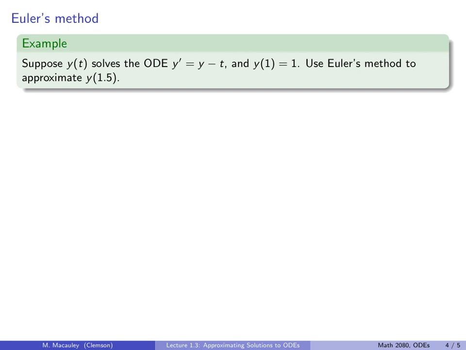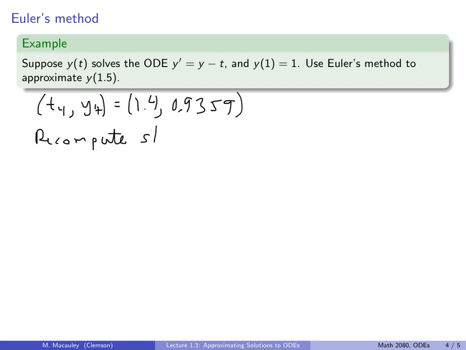So our last point, let's recall, was t4, y4, it was 1.4 and 0.9359. So let's recompute the slope. y4 prime is y4 minus t4.